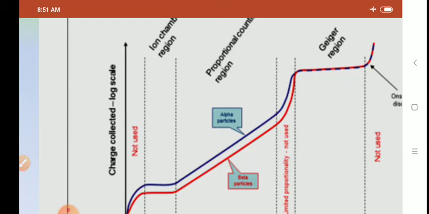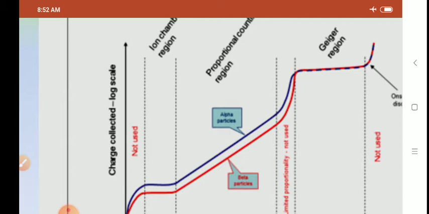See, initially electrons generated in the ionization chamber migrate to the electrode, but in between, they strike different neutral atoms or neutral molecules of the gas. When they strike the neutral atoms or molecules of a gas, collision occurs.